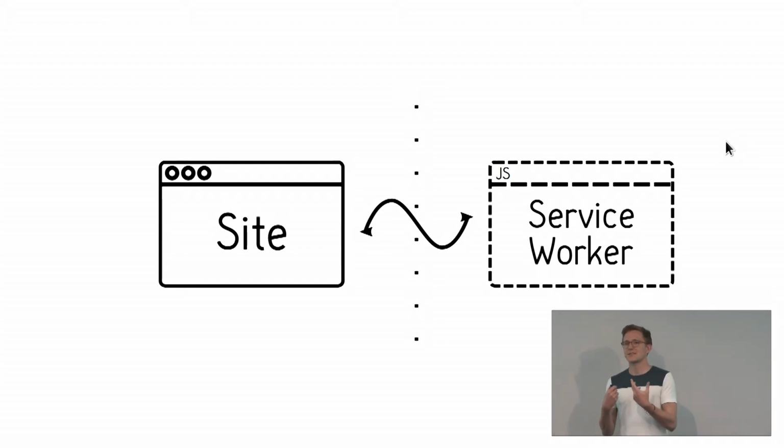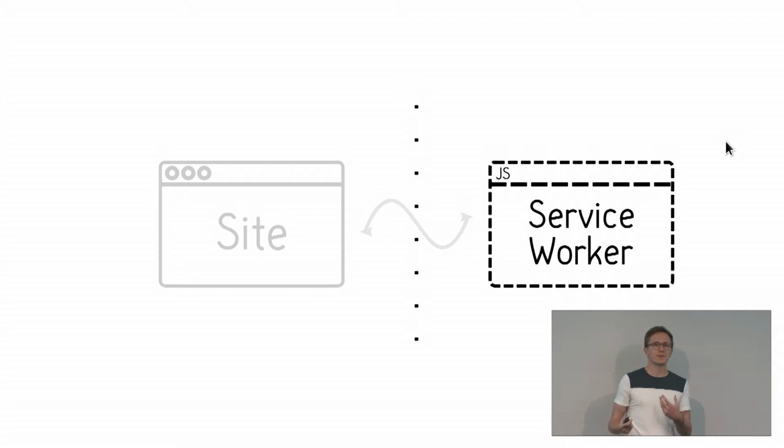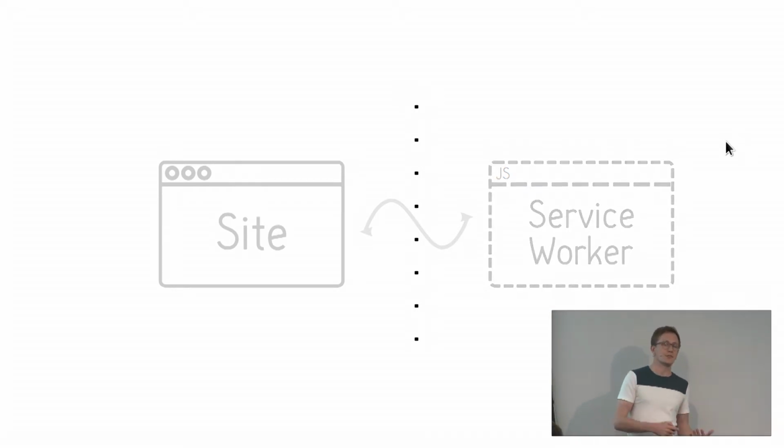Now, the reason this is a good thing and a useful thing is a service worker file, that piece of JavaScript, can run without the web page being open, without it even existing as far as the user's concerned. The browser knows that's there, and it can run in the background. The browser is also the thing that determines whether the service worker lives or whether it should be terminated, whether it's needed or not.